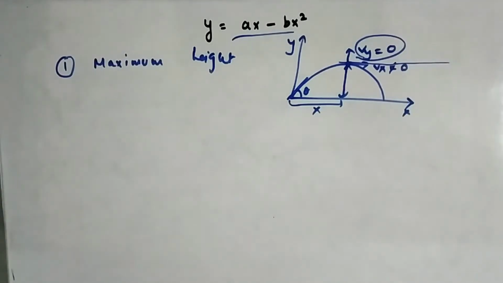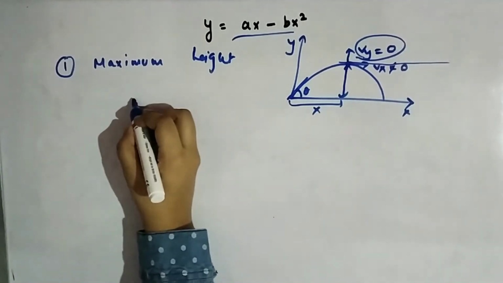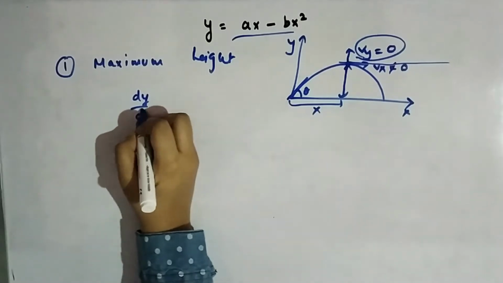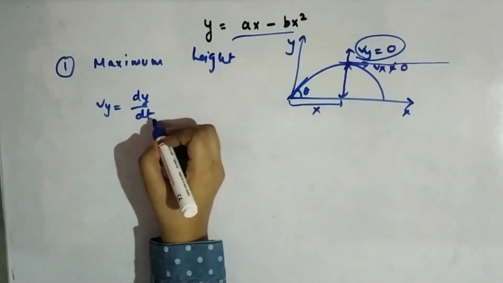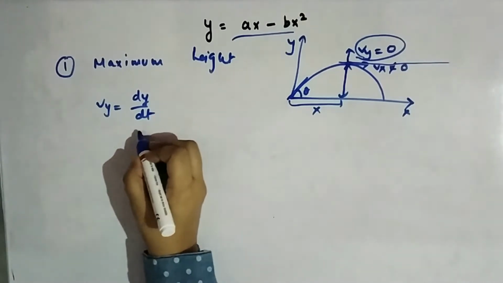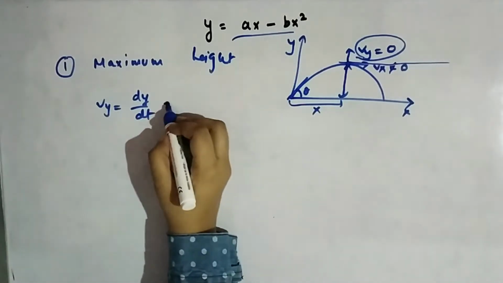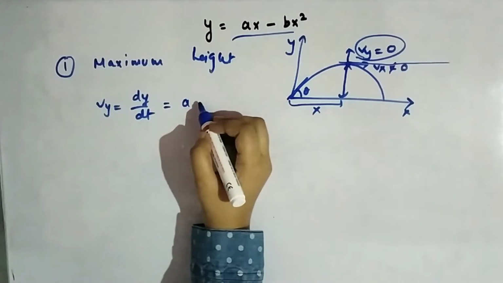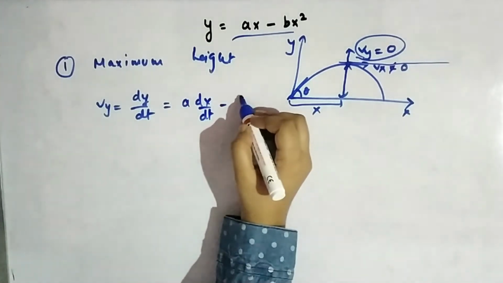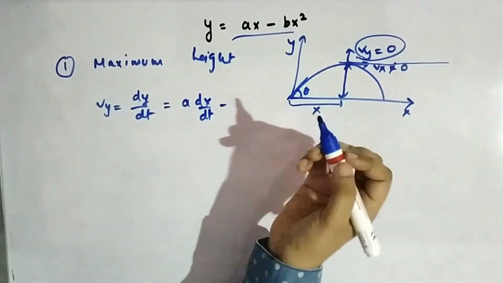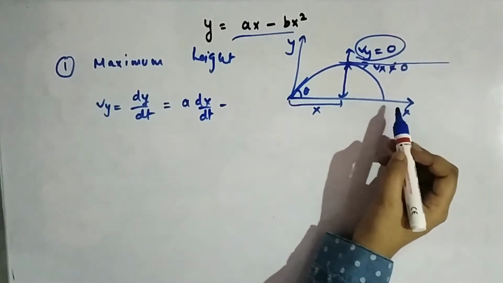The other way of solving the question for maximum height is by taking the help of Vy equal to 0, and Vy is dy by dt. So we'll differentiate y with respect to t. You should pay attention here to how we are differentiating it with respect to t. Earlier we differentiated it with respect to x, so x was the variable.